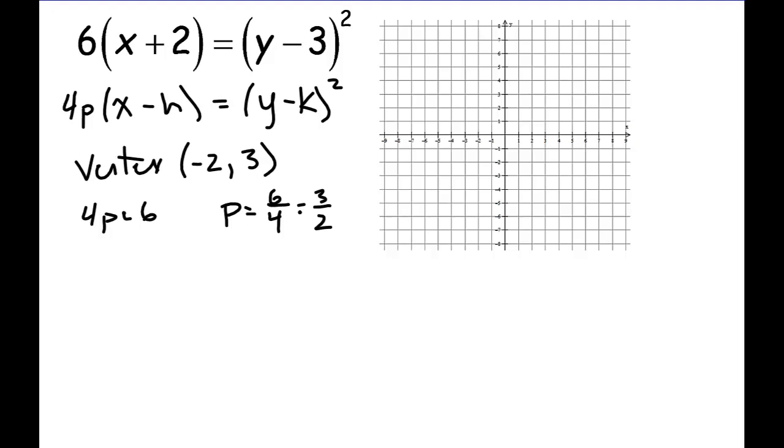So let's plot our points. Our vertex is -2, 3. Okay, now because of the orientation here, our focus is, we move this way 1.5 boxes to that point right there. Okay, and our directrix is 1.5 boxes back in this direction, like such.